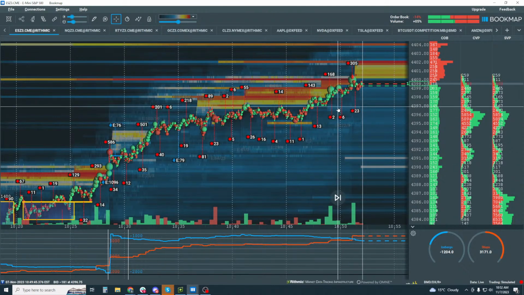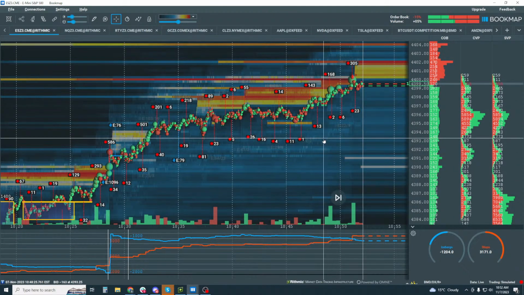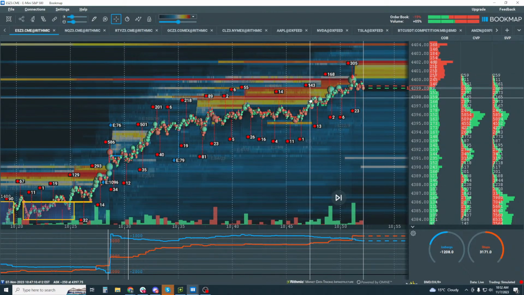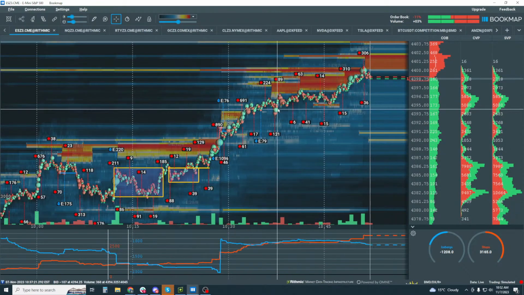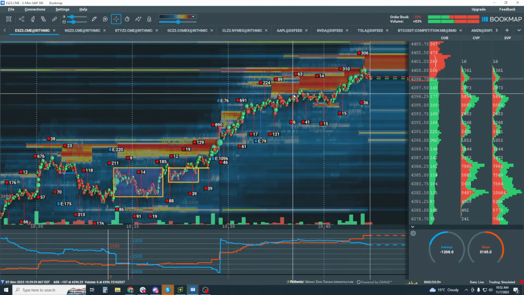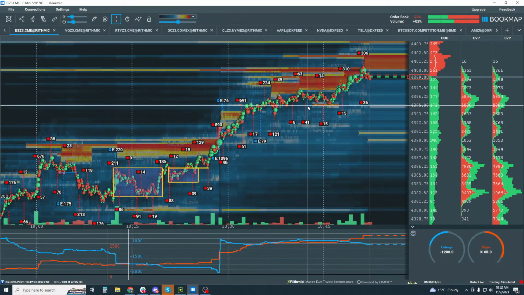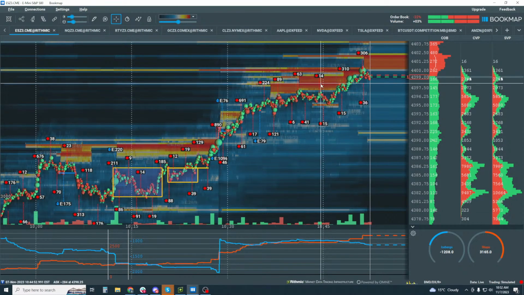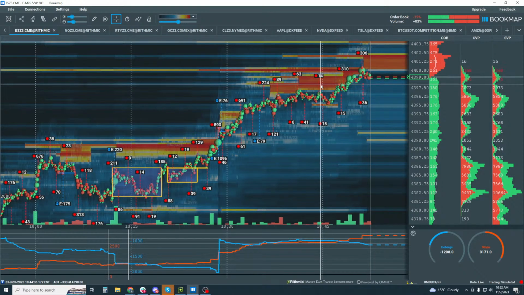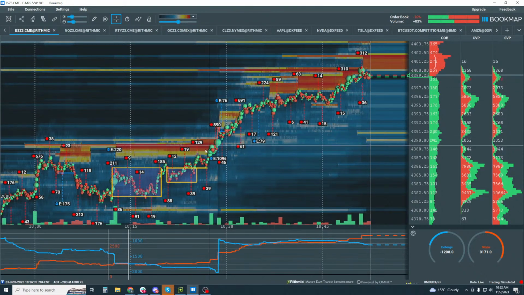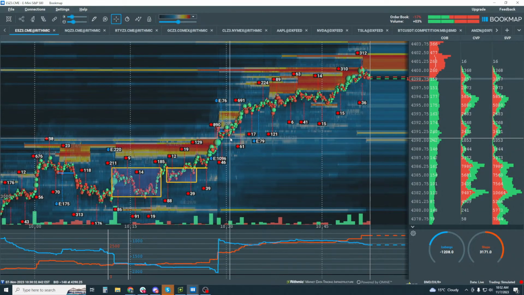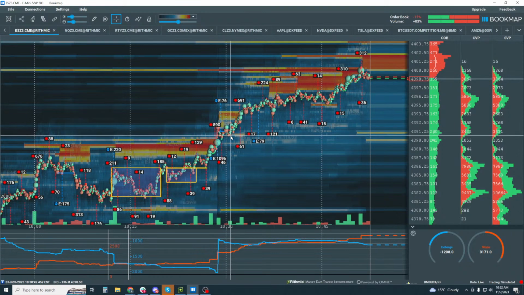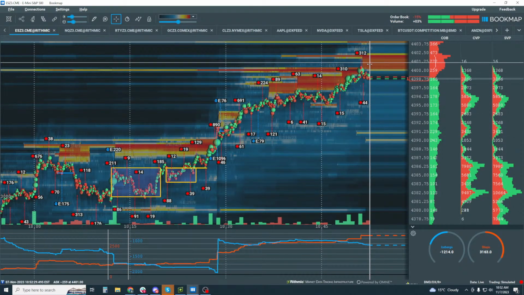It was something that Linda Raschke years ago had said that really piqued my attention and interest. On these kinds of moves, she said she just gets in. She's just looking for continuation, and if you're waiting for that pullback, you just might not get it, and you can capture so much if you just get in.